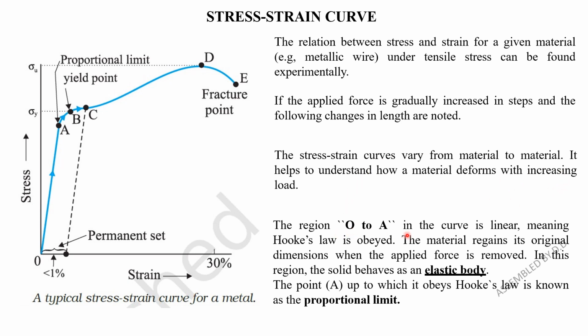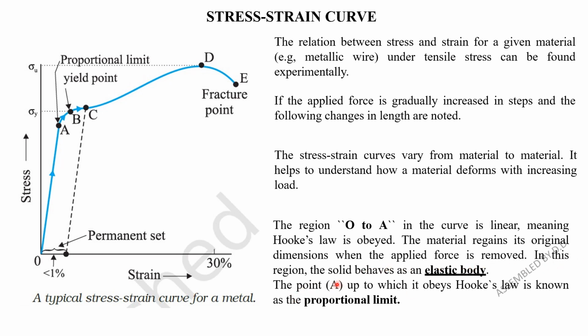The origin O to A in the curve is linear. As you see here, O to A, this line, it is linear. What does it mean? Till O to A, Hooke's law is obeyed, meaning stress is directly proportional to strain. The material regains its original dimensions when the applied force is removed.